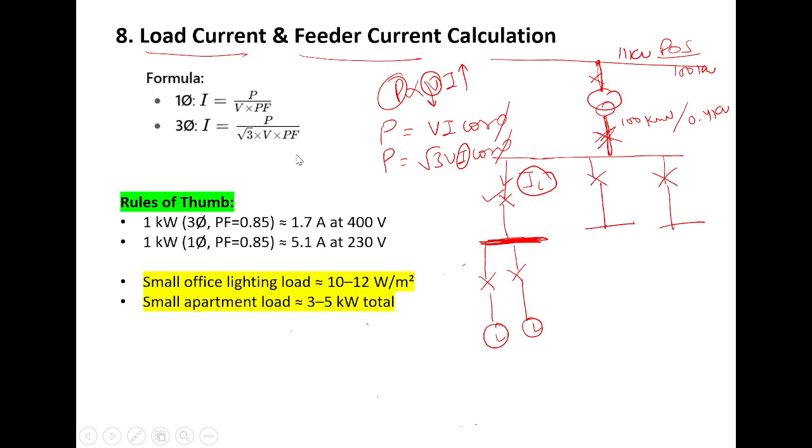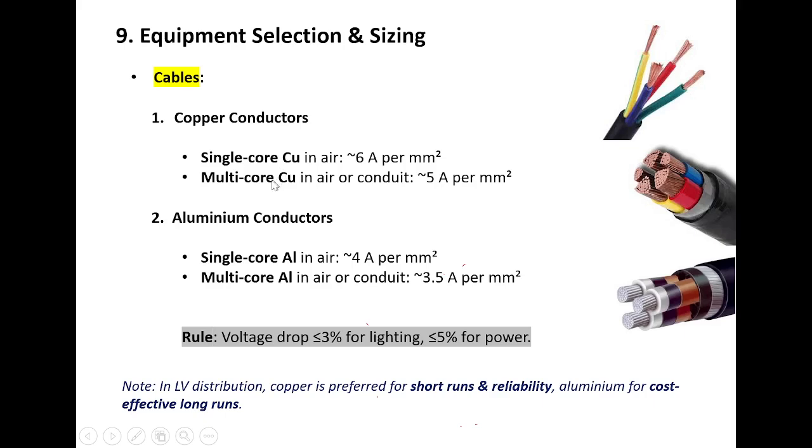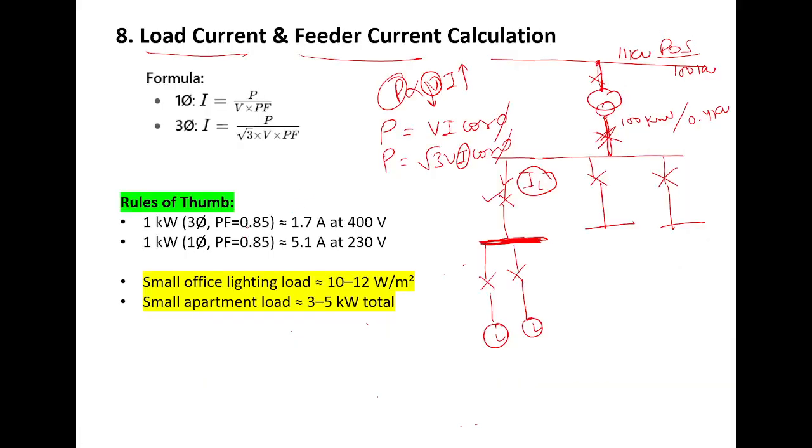In our calculation, what we do is we assume power factor as 0.85. And now as I am considering three phase at 400 volts, put 400 over here and 0.85 over here.